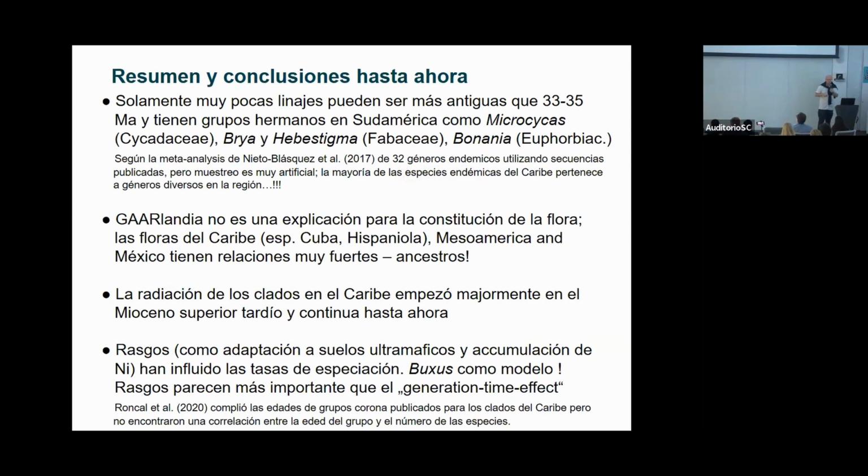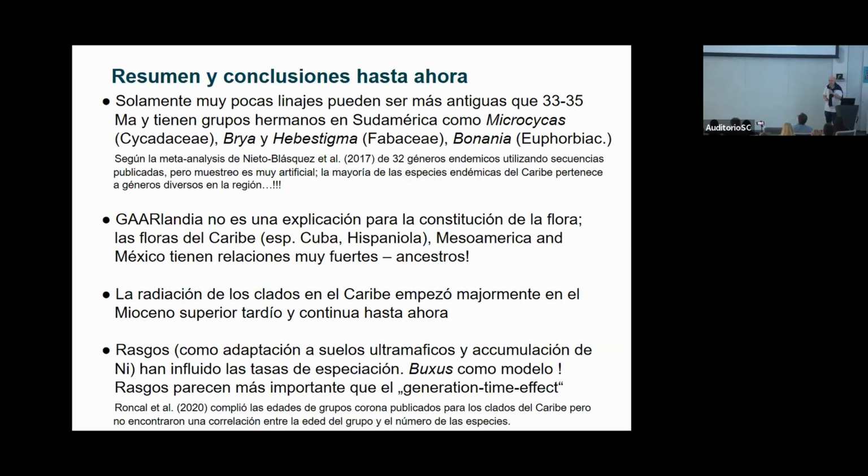I think there is compelling evidence that Carlandia is not really an explanation for the majority of the flora. We also have evidence that in the late Miocene, most of the radiation started.